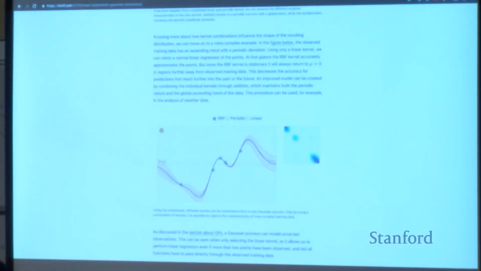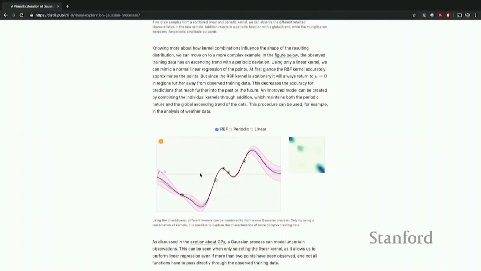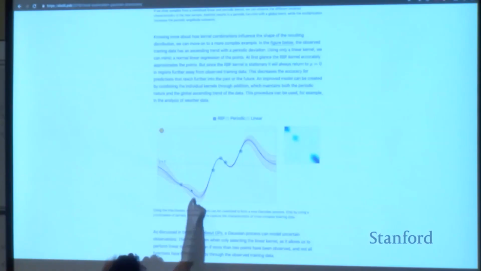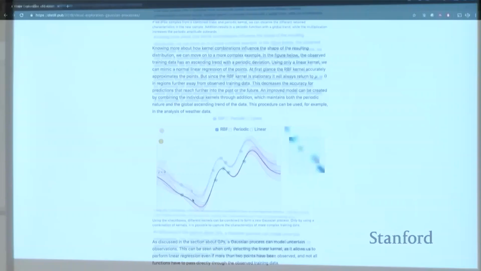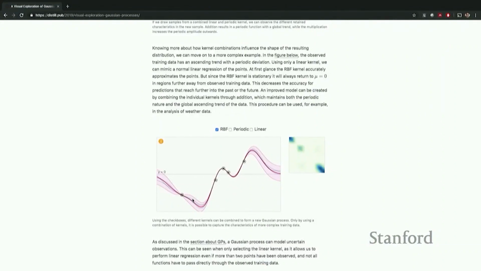For any test example with an x value over here, if we marginalize out everything else except that single slice, that's going to be our posterior predictive distribution for the new x star.